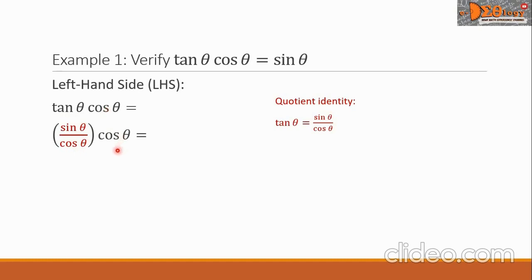And from here, I can see that the cosine theta can be cancelled with the denominator, which is cosine theta also. After the cancellation, only the sine theta will remain.